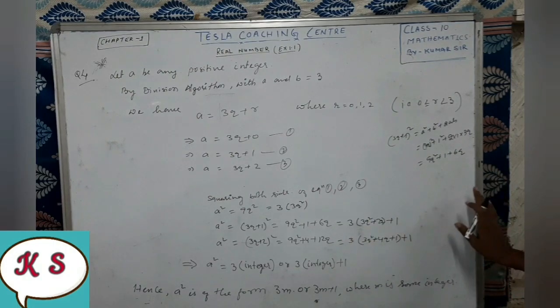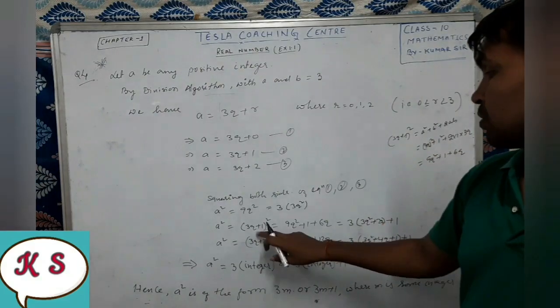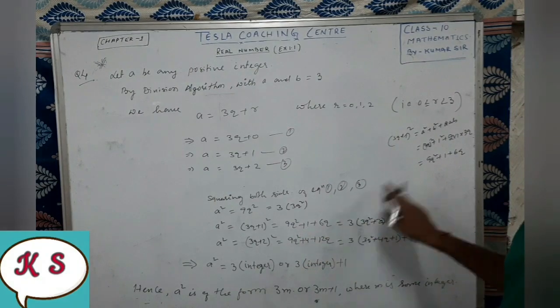I have written it directly, okay students? If you don't understand, you can see this one. So we are getting 9q square plus 1 plus 6q.